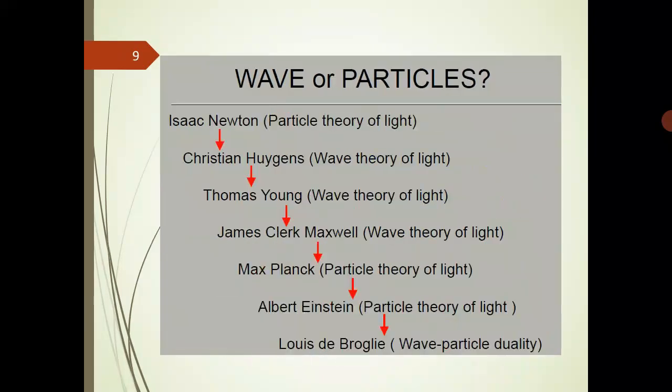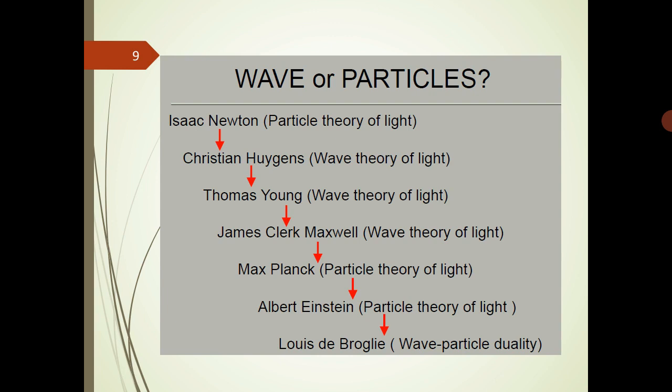Likewise, each scientist carried out their own experiments to prove whether light is a particle or a wave. Later on, Louis de Broglie proved light has both natures. It sometimes acts as a wave and sometimes as a particle. So this is the evolution of the nature of light.